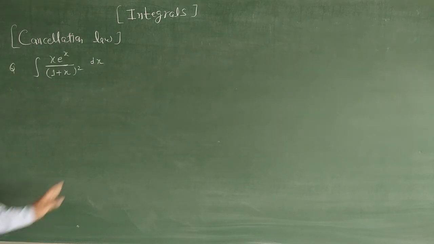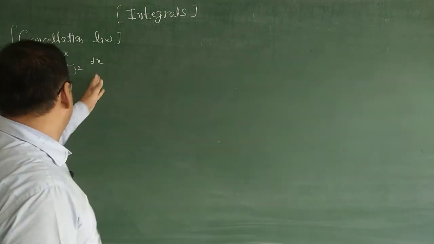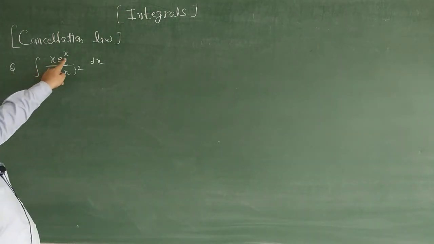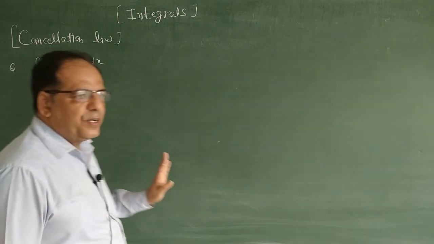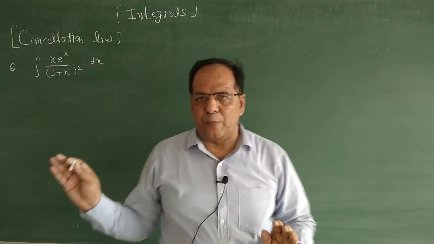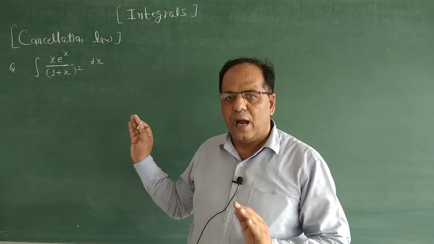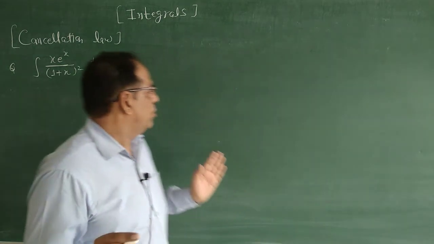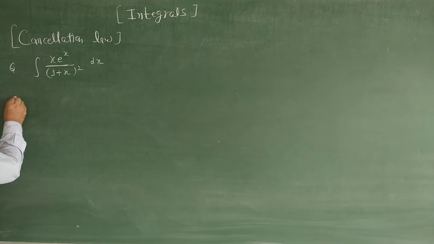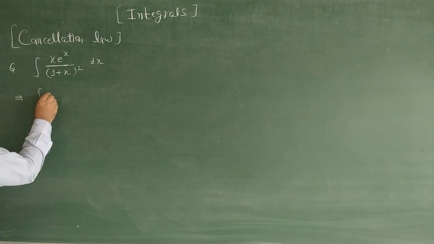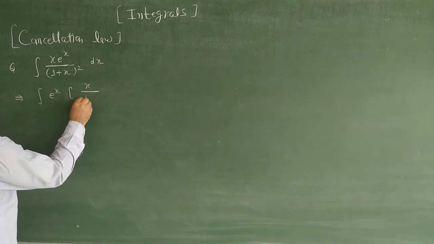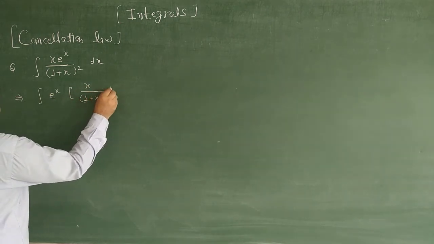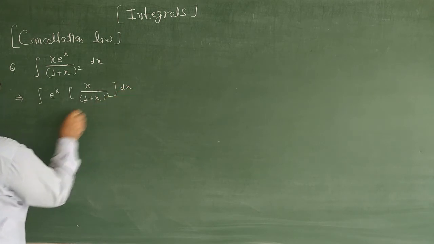Now I am taking one more question based on the cancellation law. This is the integral of x e to the power x upon 1 plus x whole square dx. First we convert this question into the format of the cancellation law. After it we apply the cancellation law. So in the next step we can write it as the integral of e to the power x, inside the bracket x upon 1 plus x whole square, dx.